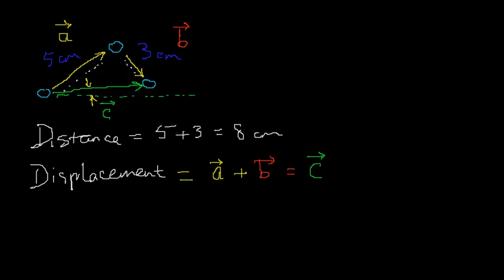Let's say the length of C is 6 centimeters, and let's say it is at an angle of 10 degrees to the x-axis, to this horizontal axis. So this is one way to describe a vector: by stating its length and its direction as an angle from some reference axis.